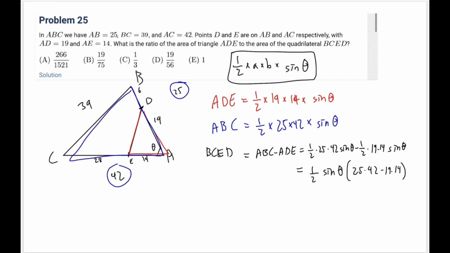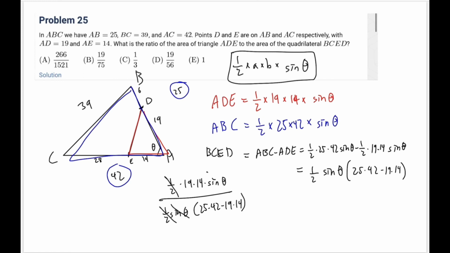And so the ratio of triangle ADE to the area of the quadrilateral BCED is 1/2 times 19 times 14 sine theta over half sine theta of 25 times 42 minus 19 times 14.